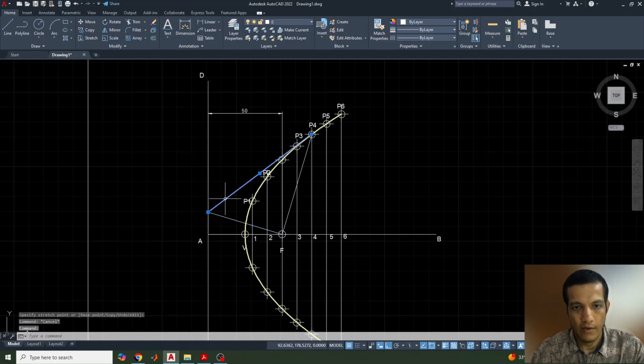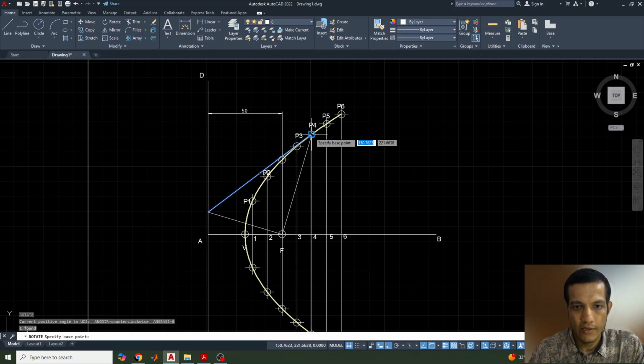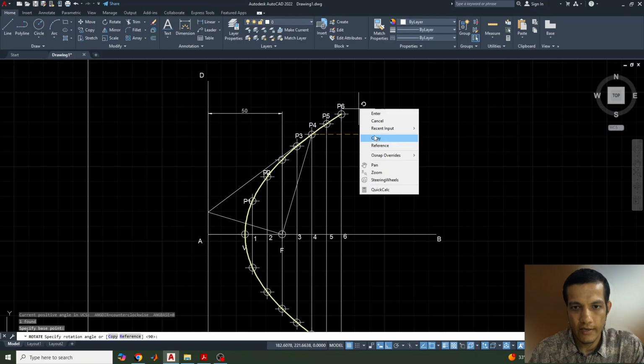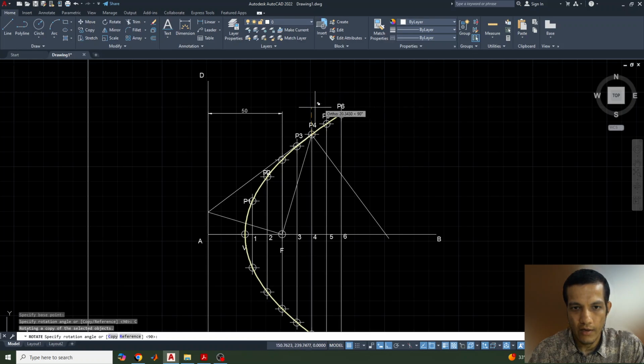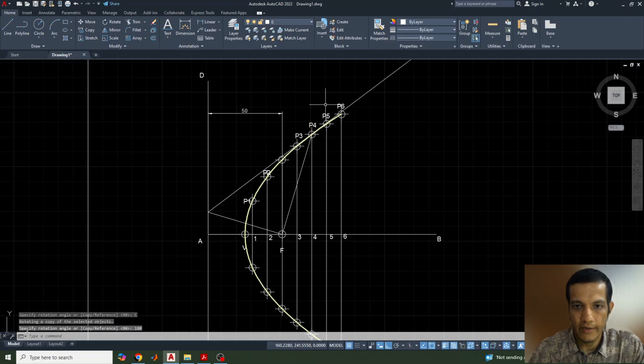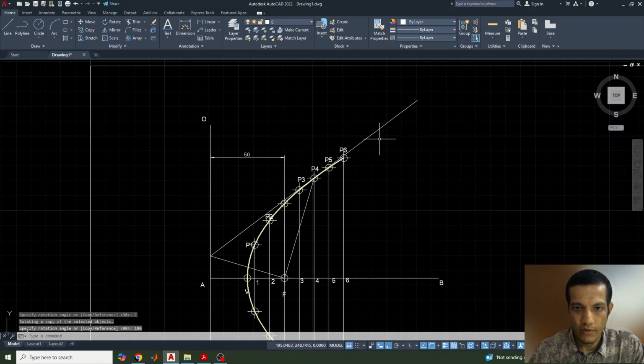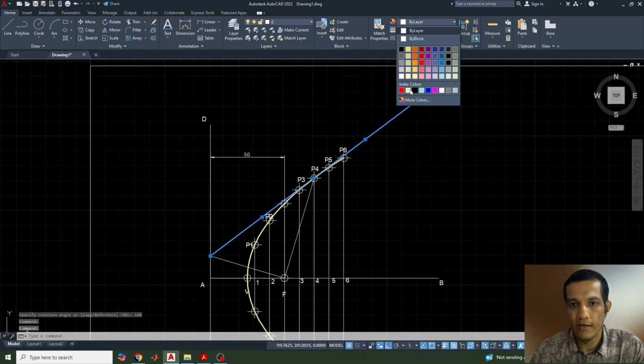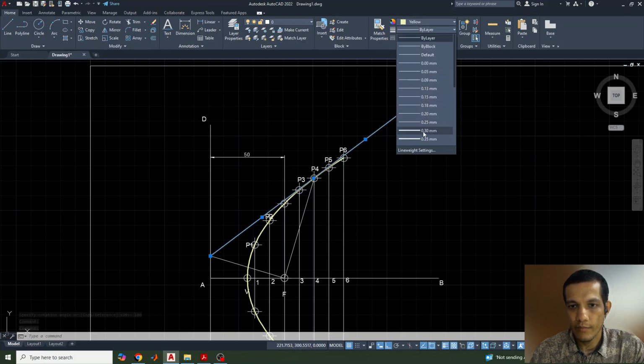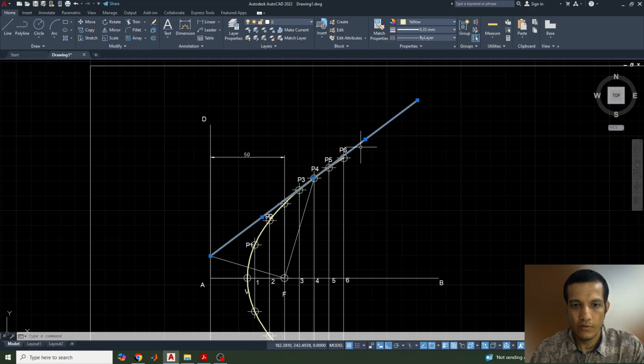Yeah, and these things we can again rotate. Select this point, right click, copy, and we can give 180. Okay, so now you can see this is the tangent. Let's change the color of this and some thickness also. So this is our tangent of that.